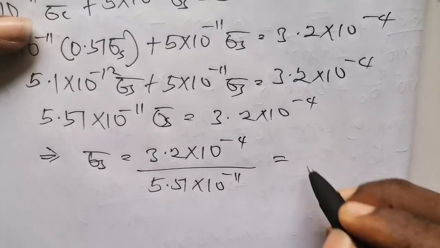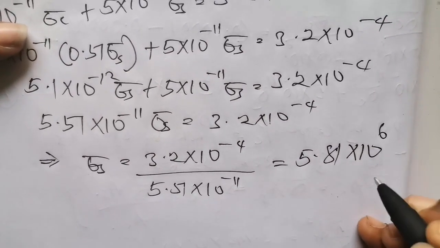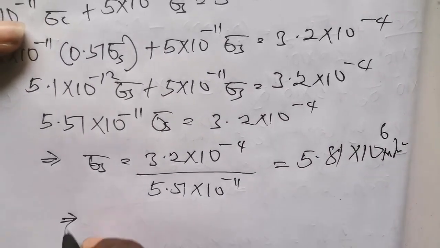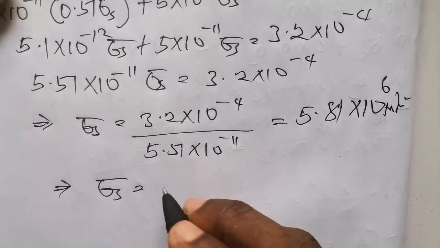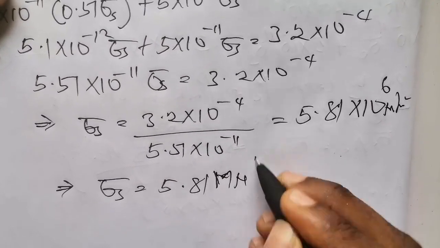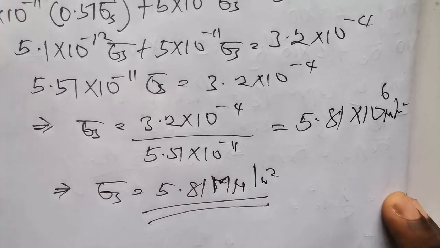That gives us 5.81 by 10 to the power of 6 newtons per meter squared. So this simply implies that the stress induced in the steel material is actually 5.81 mega newtons per meter squared, and that is the stress induced in the steel material.